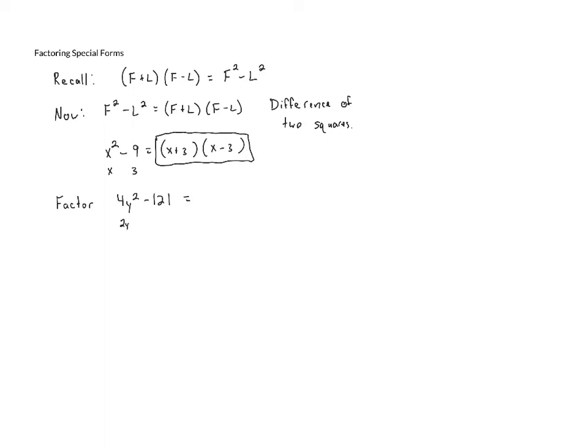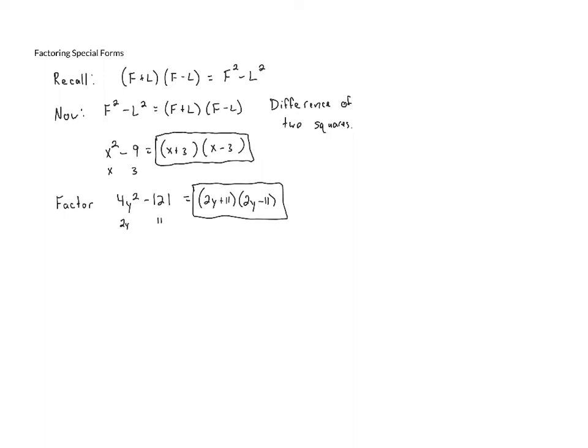And 121 is a perfect square. It is 11 squared. So because these are both perfect squares and it's a difference, this is the difference of two squares, and we can use this formula to factor it. The formula says we take the sum of those quantities, 2y plus 11, times the difference, 2y minus 11. And that's our final answer.